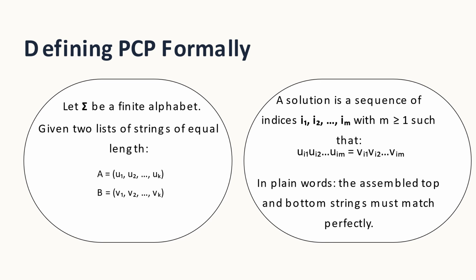A solution to PCP is a sequence of indices I1, I2, up to IM, where M is at least 1, such that the concatenation of the selected strings from the top list is exactly equal to the concatenation of the selected strings from the bottom list. In simple words, by choosing the same sequence of indices in both the lists, we must obtain the same final string.